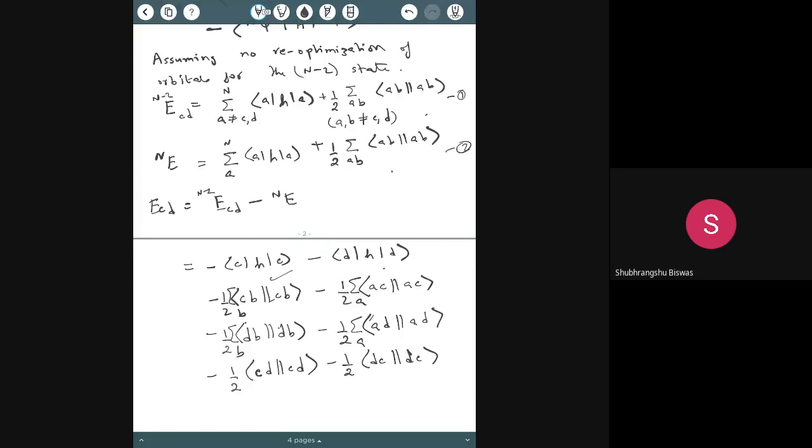So this and this are basically the same term, because in the second term I can write sum over A as sum over B, and then by particle symmetry I would get CB, CB. Okay. Here also, if I replace A with B and then use particle symmetry, I would get DB, DB. Similarly, this is also CD, CD.